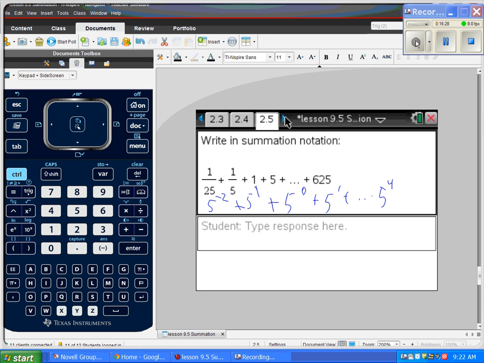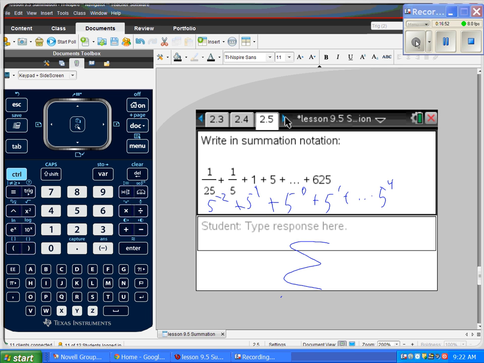All right, so I have to write this in summation notation. What did I start by plugging in? What is the first number that I plugged in? I'm trying to do my lower bound. Negative 2, yes.